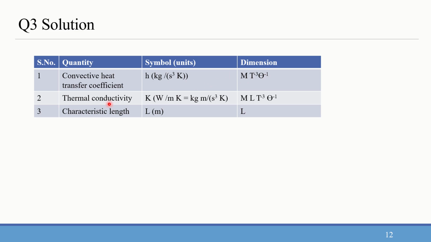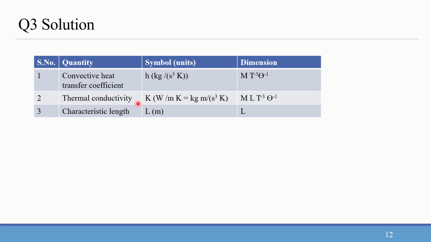Second is thermal conductivity K. Its unit is watt per meter Kelvin, so multiplying the H unit by meter gives kg meter per second cube Kelvin.